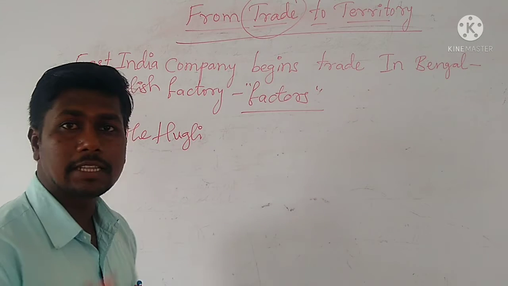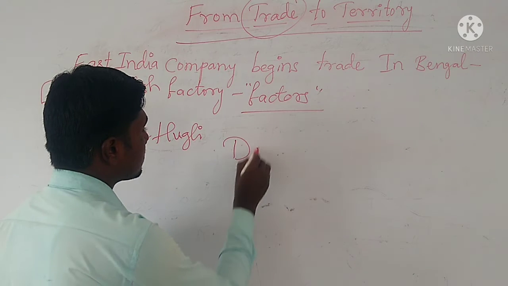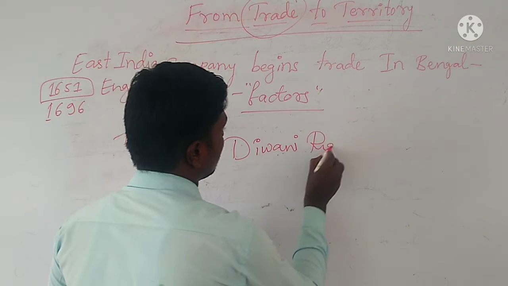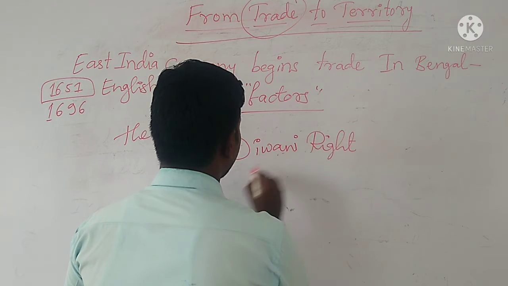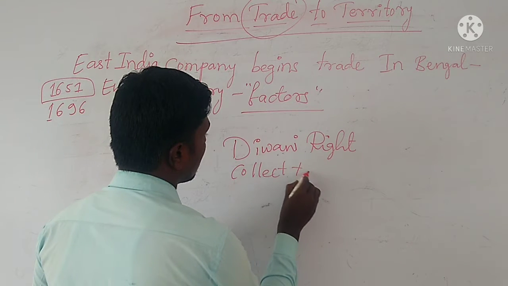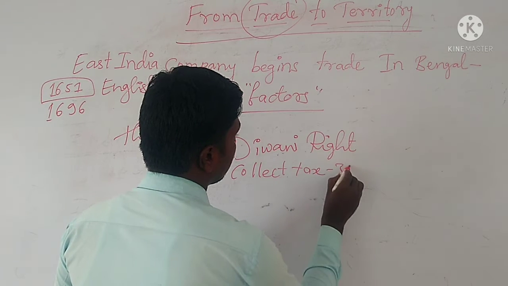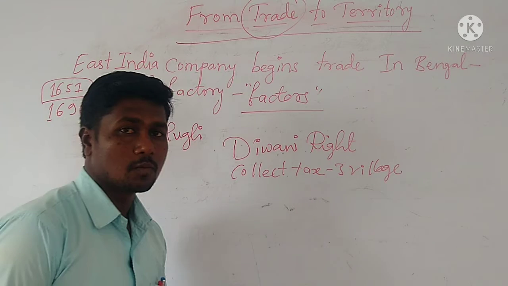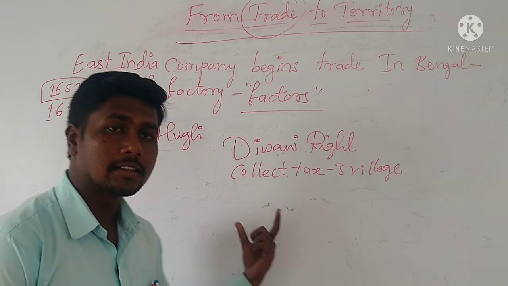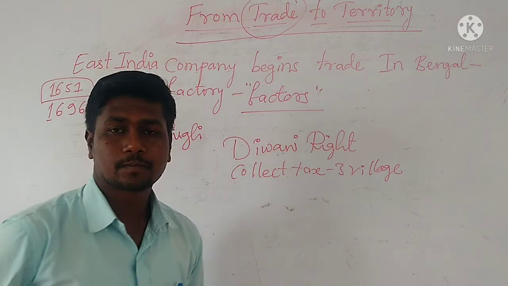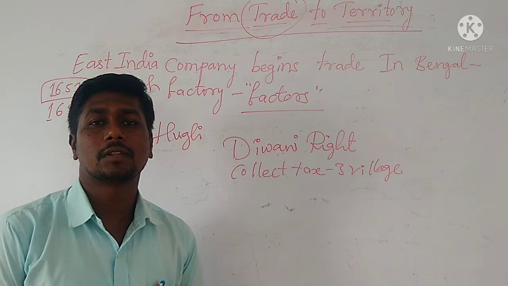Then what do you mean by Diwani right? Diwani right means the right to collect tax, which I told you about. It was the right to collect tax in 3 villages. At that time, the company bribed Mughal officials to grant them the Diwani right, which means to collect tax, especially in the 3 villages of the Bengal region.